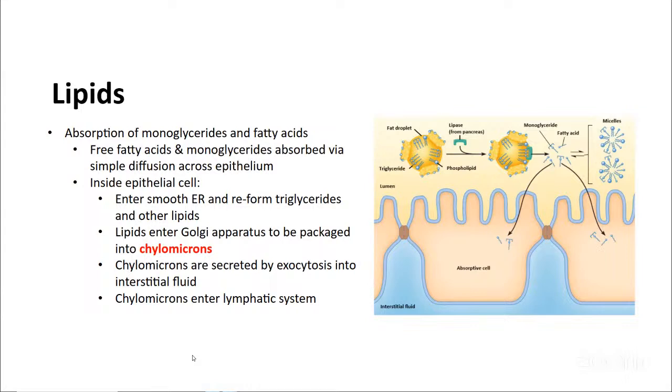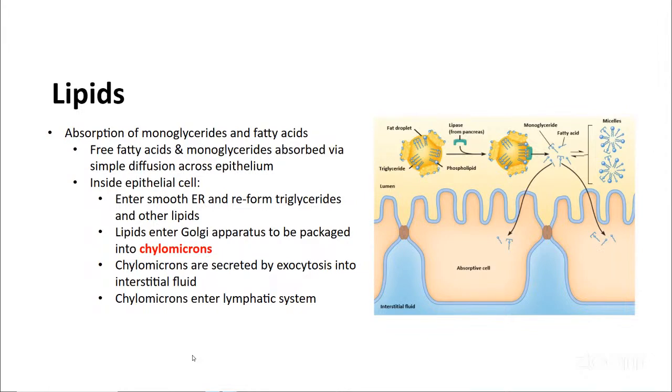Okay. So once we pull them into the cell, we're going to basically reform a bunch of our larger lipid molecules. So we broke them down, pulled the broken down pieces into the cell, and now we're going to use our endoplasmic reticulum, specifically our smooth endoplasmic reticulum, one of our organelles, to reform them into triglycerides and some other types of lipids.